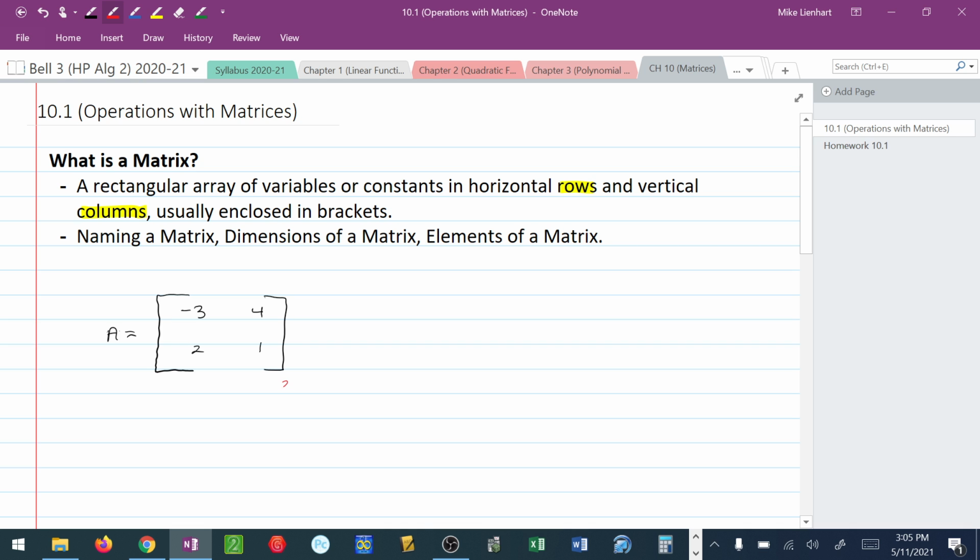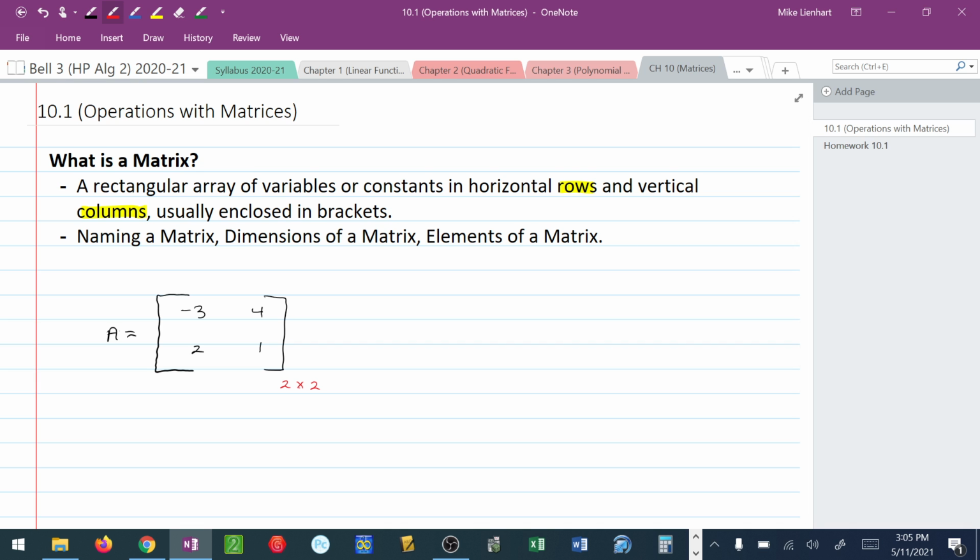So it has 2 rows. And then we're going to put a multiplication type of symbol there, which represents the word "by." And then we're going to count the number of vertical columns. Well, I have a vertical column here and a second vertical column here. This would be a 2 by 2 matrix.